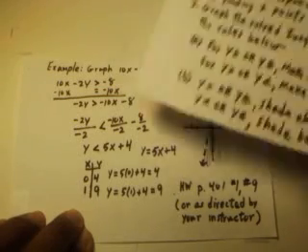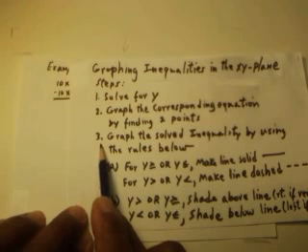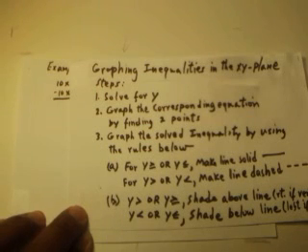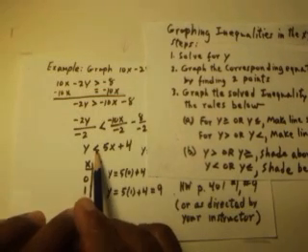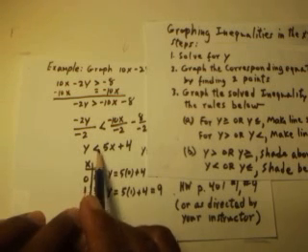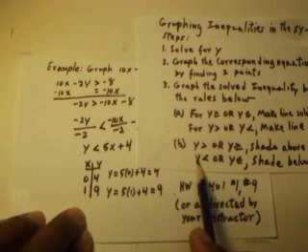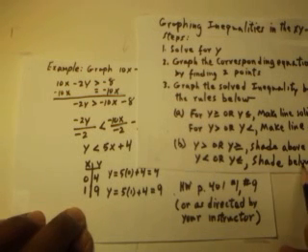Next, I look at part B of step 3 to decide whether I shade above the line or below the line. And as indicated here, after I solve the inequality for y, I have less than. So if you have y is less than, you have to shade below, because less than means below.